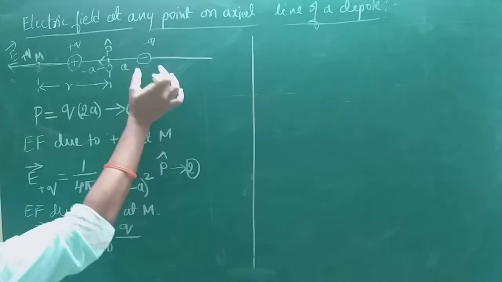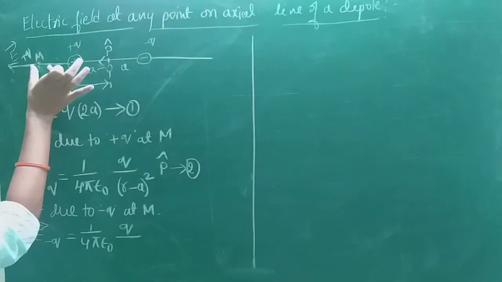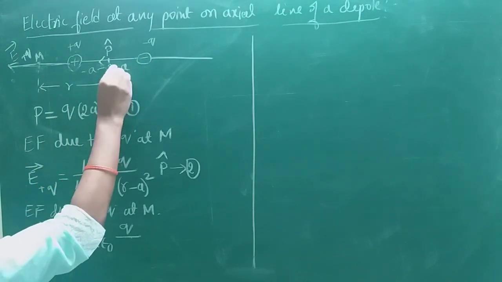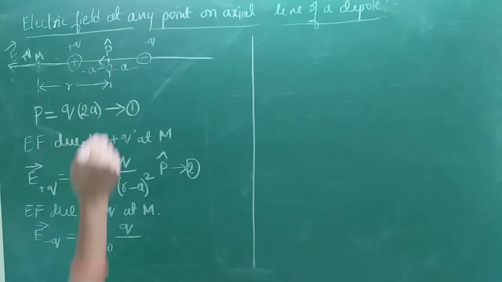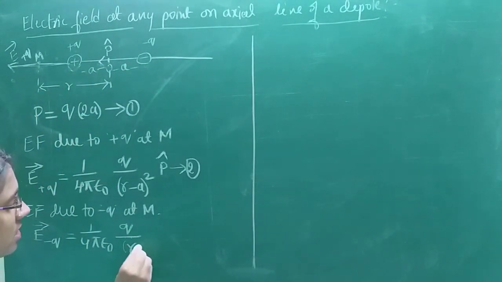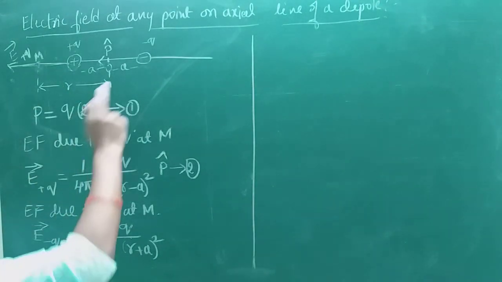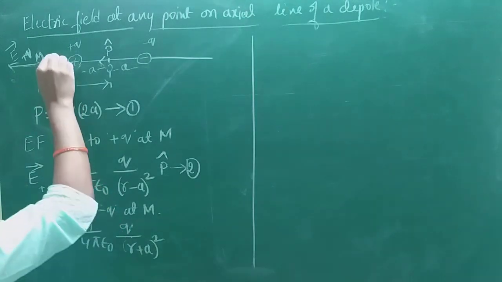Divided by the distance of M from this charge. M to O is r and O to this minus Q is A, so the total distance is r plus A. Therefore, the distance between the charge and the observation point is (r plus A) whole square. Due to a negative charge, the field always acts inward.